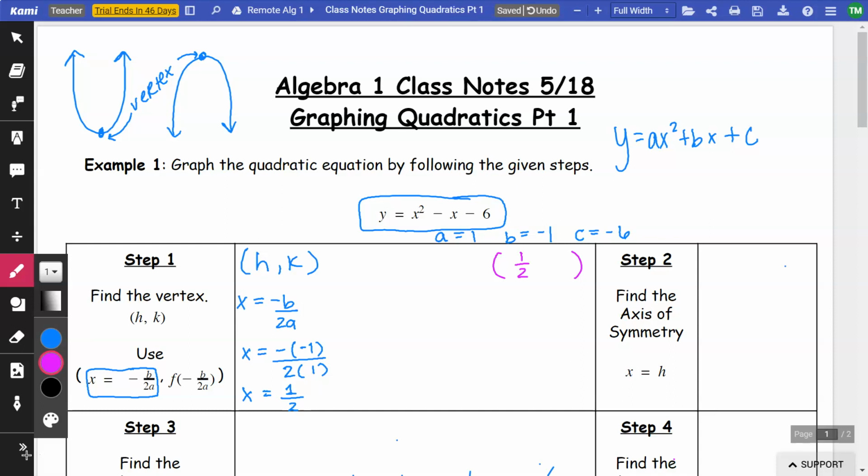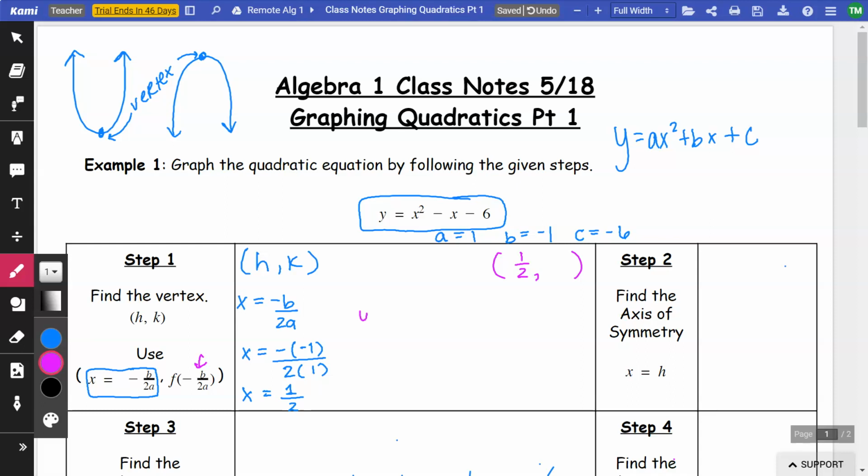Now to find the y value of our vertex, we just take whatever we found x to be and plug it back into our equation. So here I have f of negative b over 2a. That just means plug whatever you found in for x into the function, f of x.